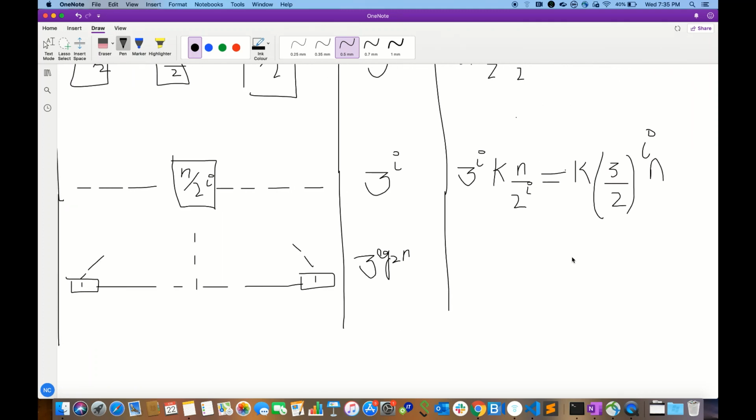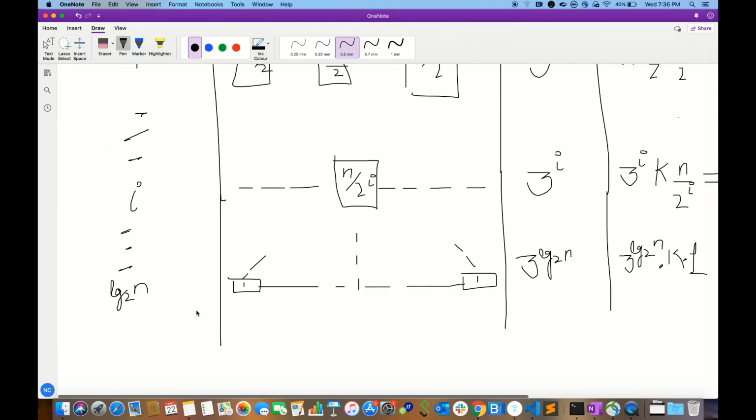So the work that needs to be done here is 3 to the power log n base 2 times k times 1.